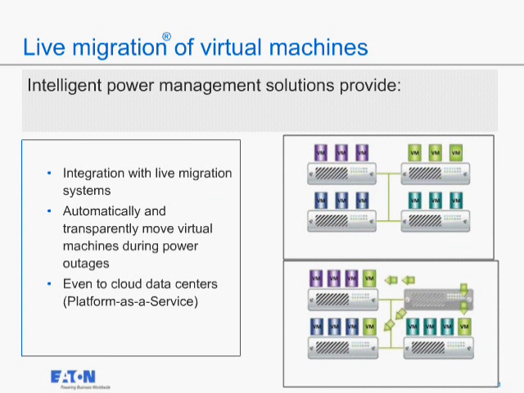You'll have integration with live migration virtualization systems that will automatically trigger things like vSphere to move virtual machines during power outages. And you want to be able to do that even in situations where you've deployed platform as a service as opposed to just software as a service.